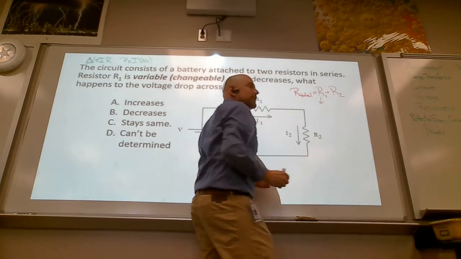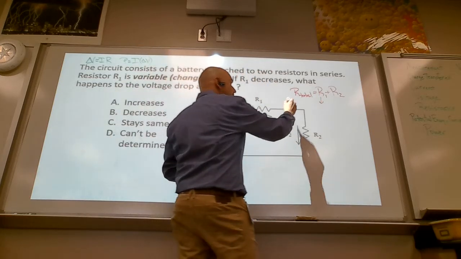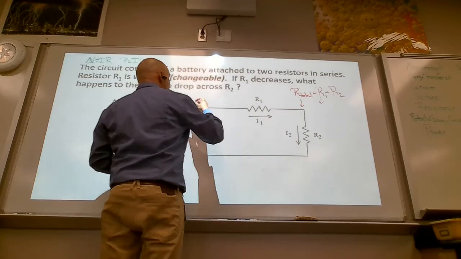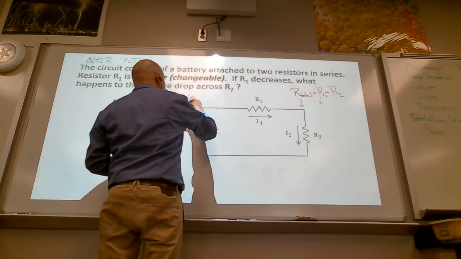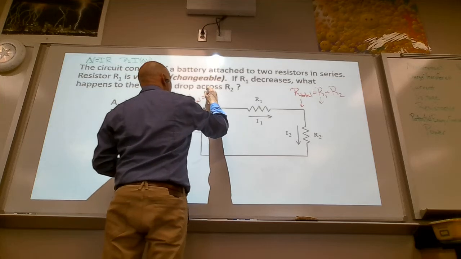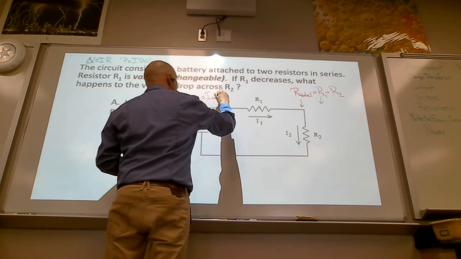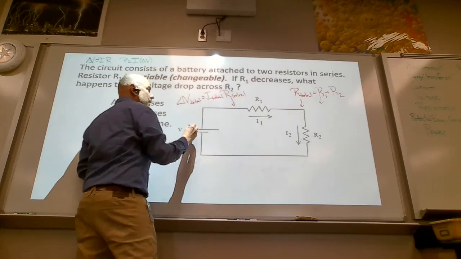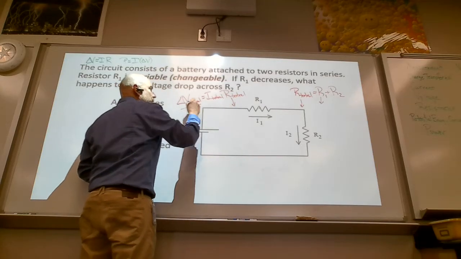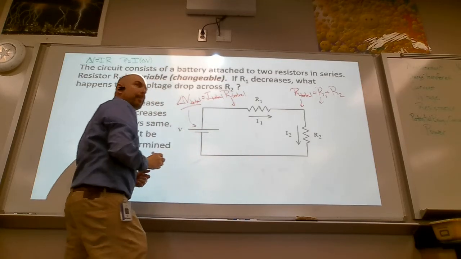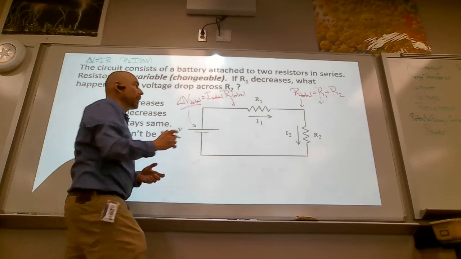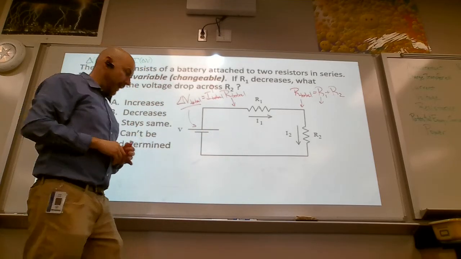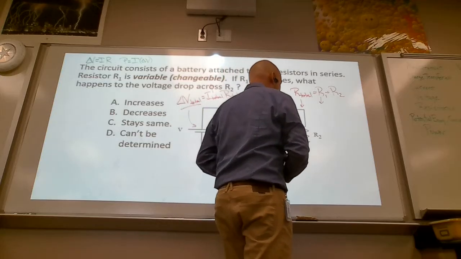So this goes down. Total resistance goes down. Looking at the entire thing. If the total resistance goes down, the total voltage stays the same because it's determined by the battery. Therefore, your total current goes up. That current is the same throughout the circuit.